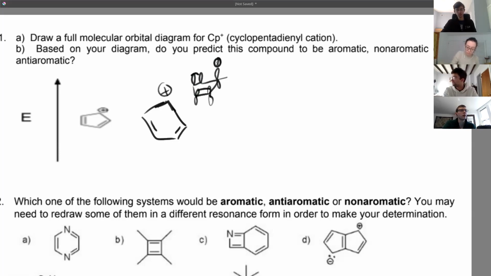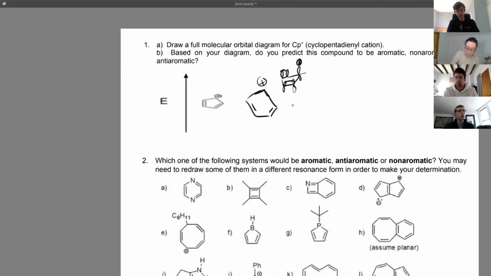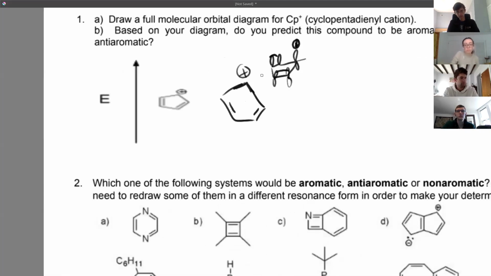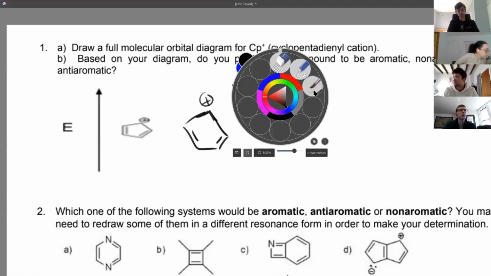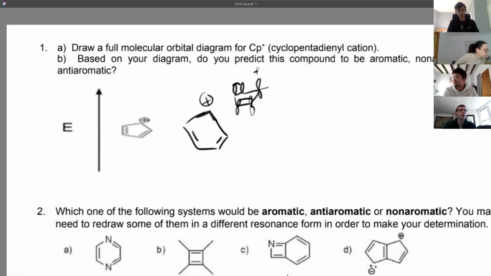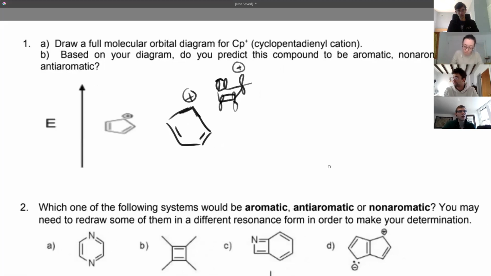So the electrons go all the way around. There we go. Yeah, so the electrons can go around, and there's only 5 carbons, so you can't force it to be non-planar. So in this case, it is anti-aromatic. Okay. What was the condition you used to say that it couldn't be non-planar?